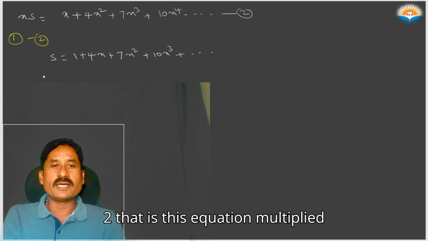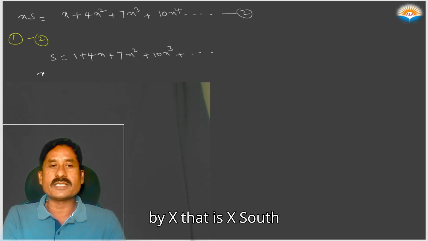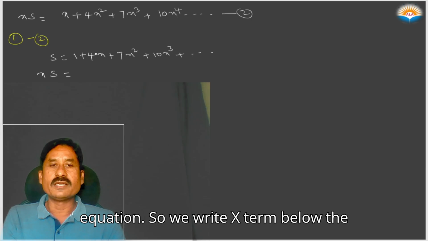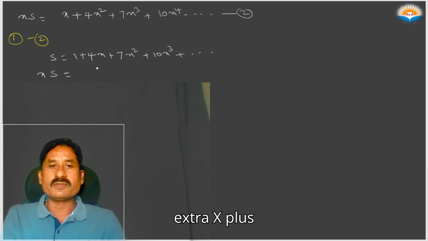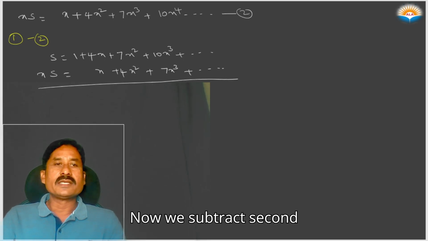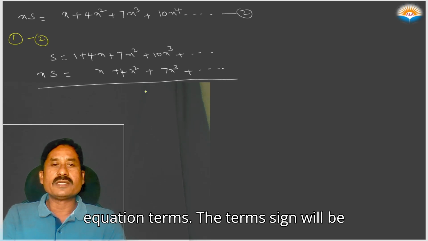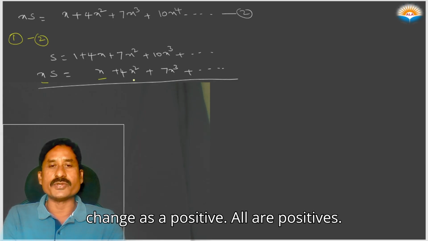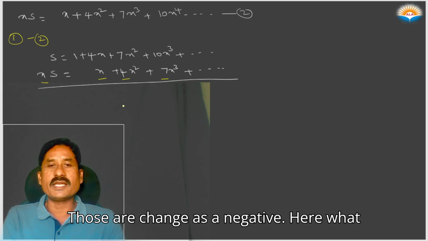Equation number 2, this equation multiplied by x, is xS is equal to 1 into x, so we write the x term below the x term: x plus 4x square plus 7x cube, plus so on. Now we subtract the second equation's terms. The positive signs are changed to negative and the negative signs to positive.